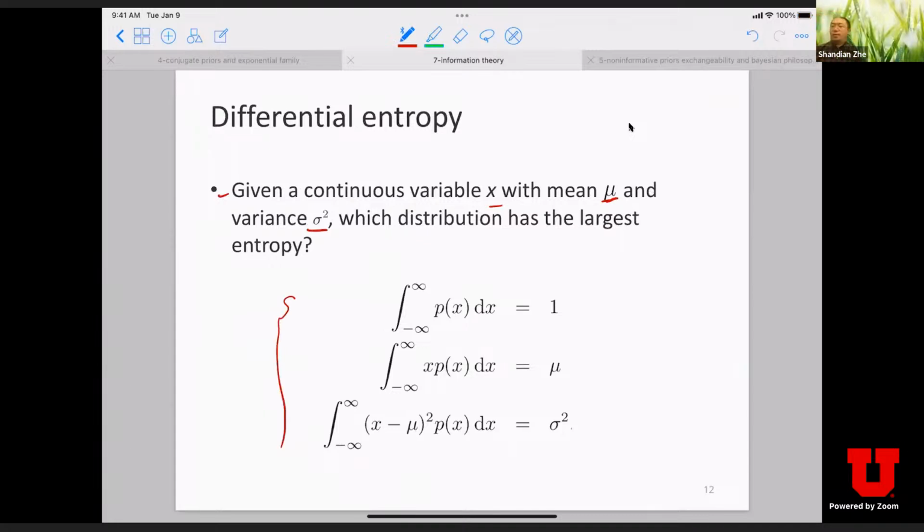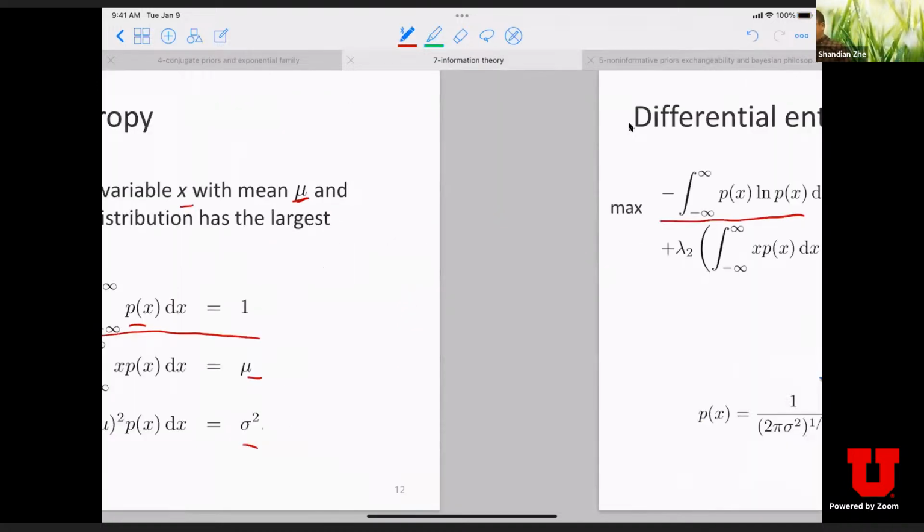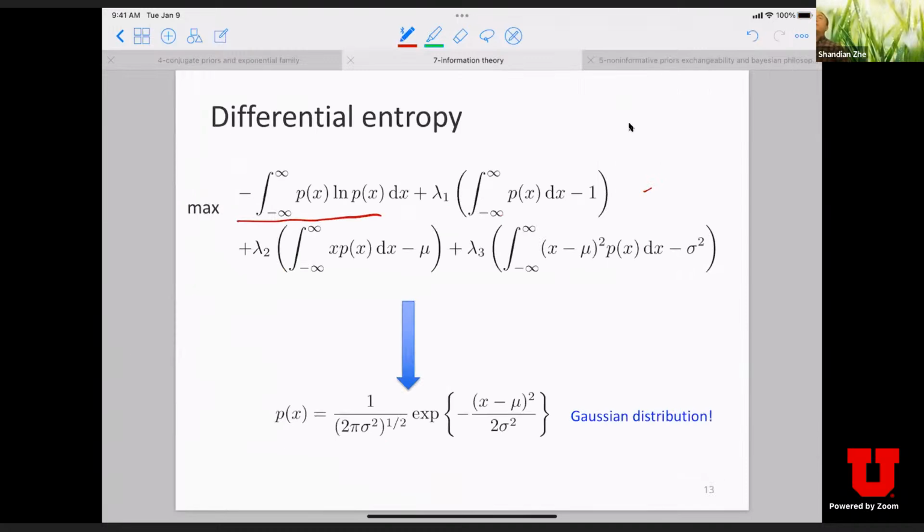First, for any valid density, we need to ensure its integral from minus infinity to infinity is 1. And here we put the constraints that the mean must be mu and the variance must be sigma squared. Then we maximize the differential entropy with respect to the 3 constraints, which means we need to add 3 Lagrange multipliers. It's not hard to solve.